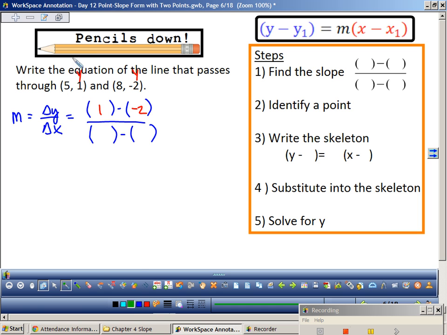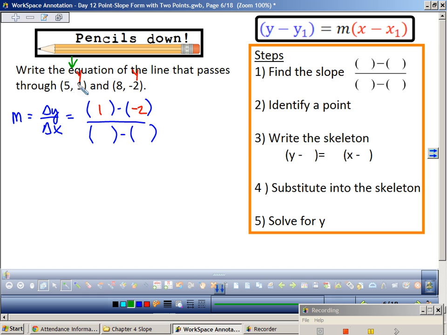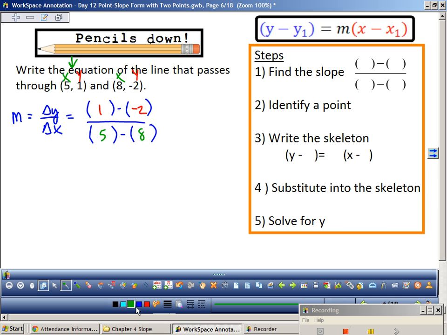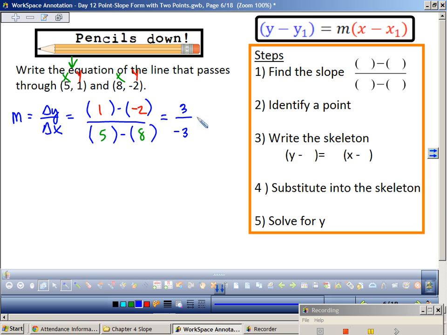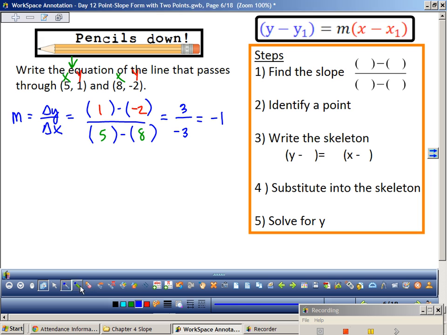As long as if I start with this one, I need to start with this one again, right? It doesn't matter which way you go. So this one is 5 and 8. Equals, what is 1 minus minus 2? 3. And 5 minus 8, which equals negative 1. There's my slope.